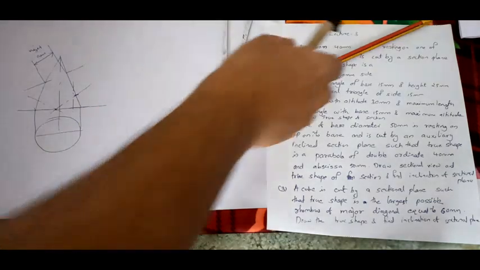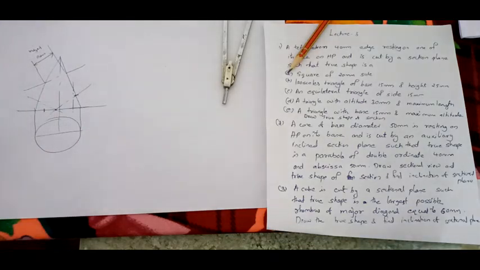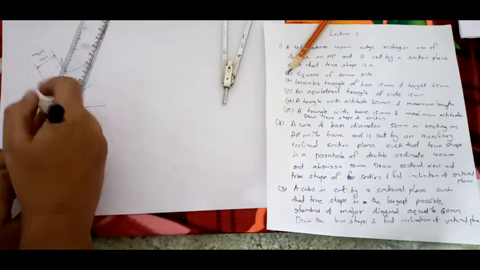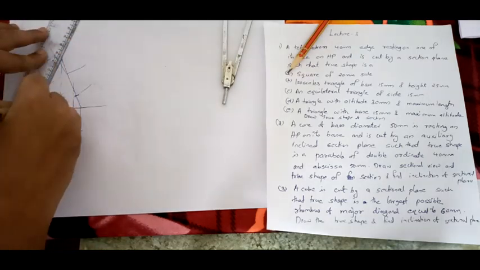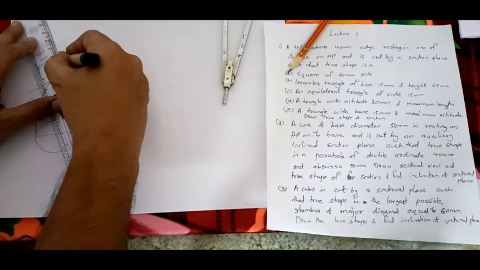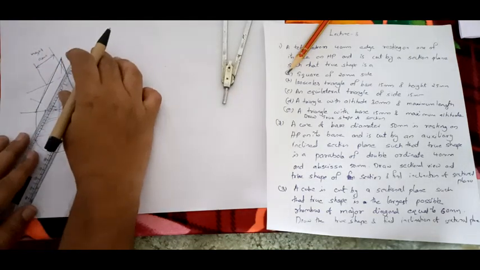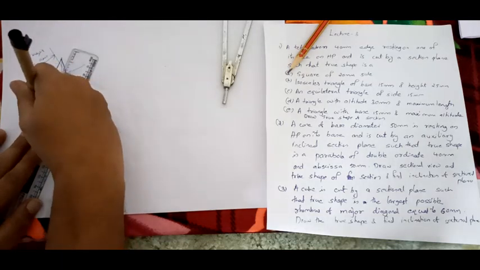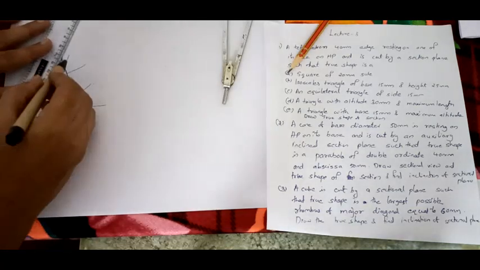See, I'll show you. If you are starting from this base, you have to cut such that it should be parallel to this face. This should be parallel to this generator. So you have two generators, right? If you have two generators, then for a parabola you have to cut such that the section plane is parallel to the generators.